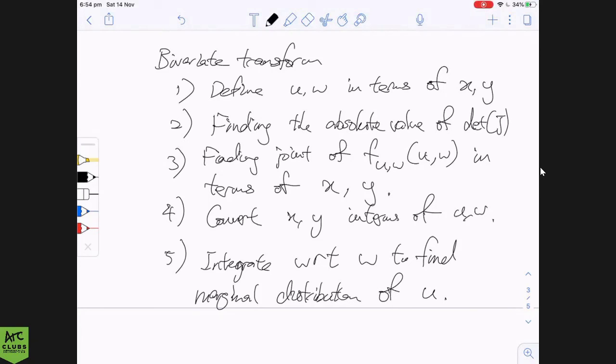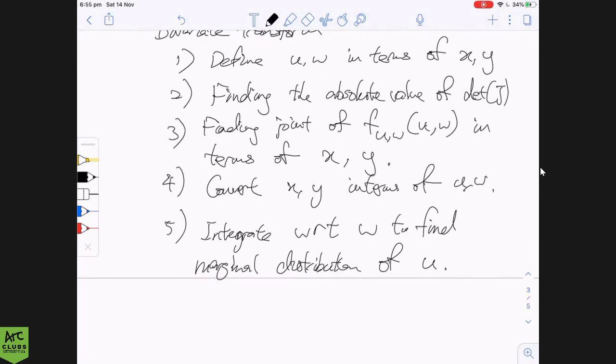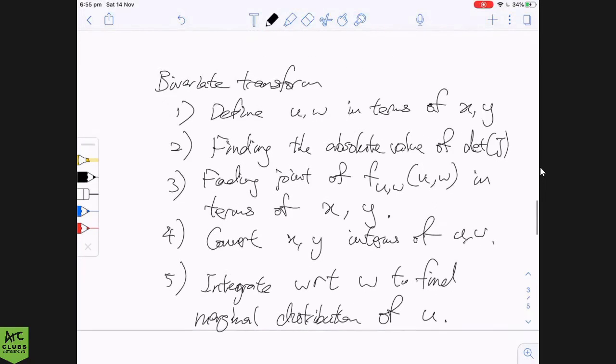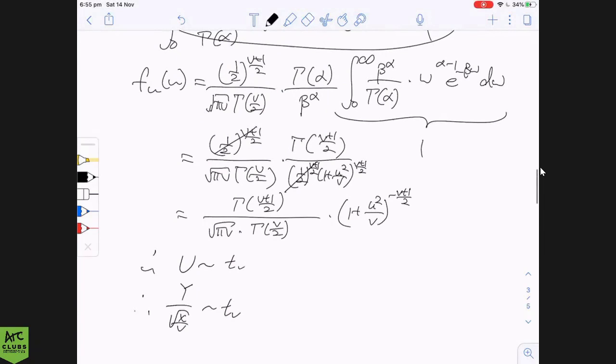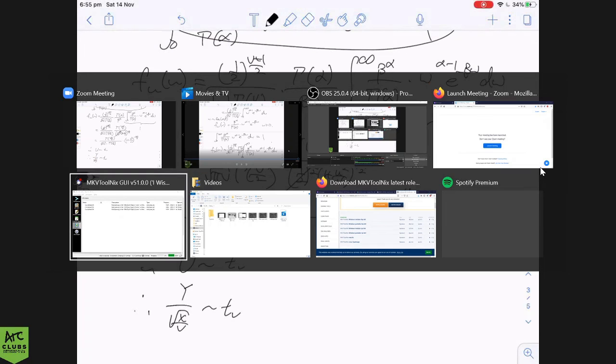The next step, finding the joint of f of u and w in terms of x and y, and then convert each of the x and y variables into u and w, and then finally integrating with respect to w to find the marginal distribution of u. And so that concludes question 4.